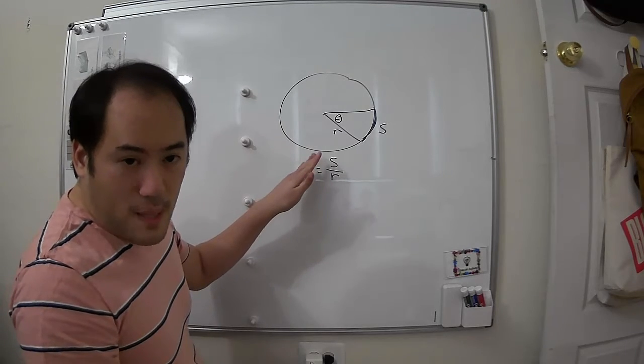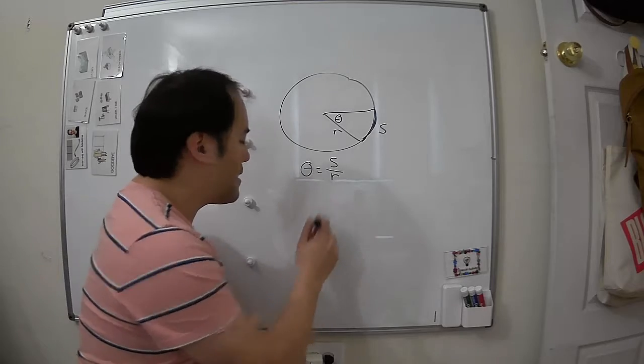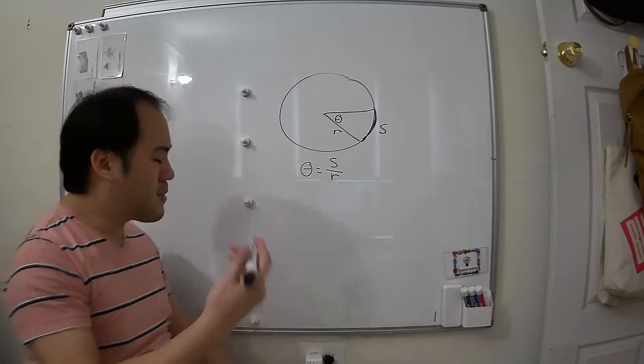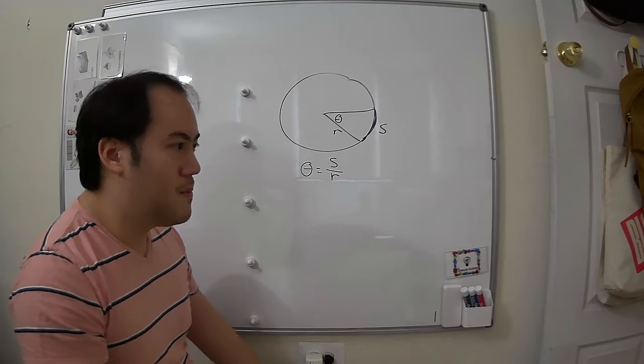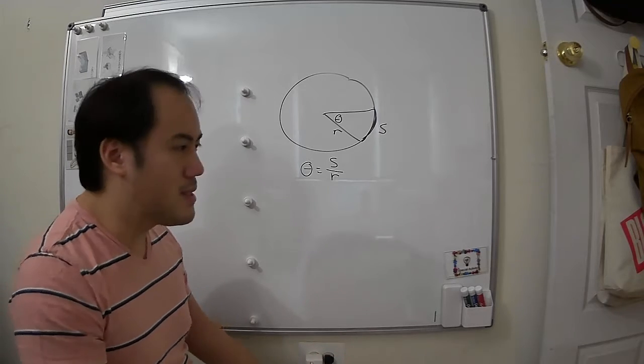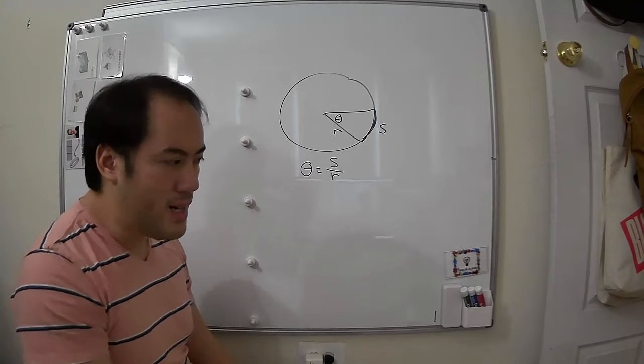If s is in meters and r is in meters, theta actually has no units. So sometimes I'll say the number of radians, but sometimes I'll just skip units and say, oh, it's this much, because we're going to use angles in radians a lot.